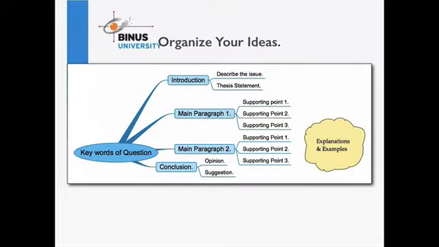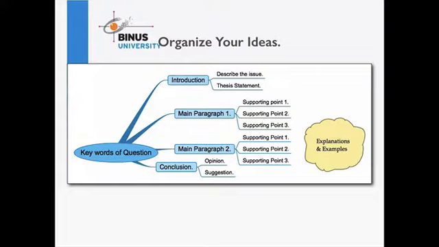So you need 4 parts: the introduction, main paragraph 1, main paragraph 2, and the conclusion. Now, I've talked about this before, and there are individual videos about how to write the introduction, how to write the main paragraphs, and how to write the conclusion. So this is the overview, and you can get more details when you watch those other videos.